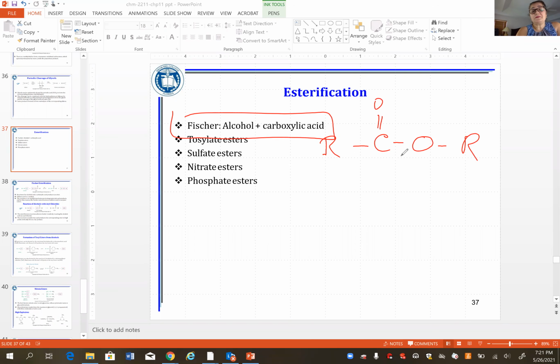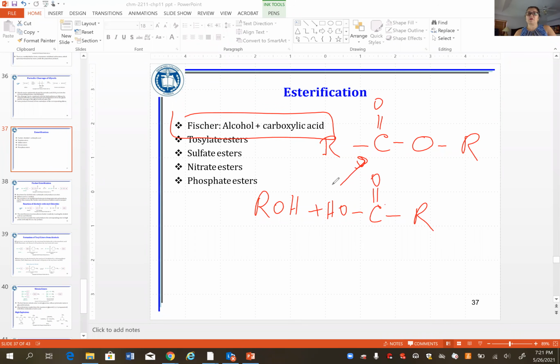The ester is coming from a condensation reaction, basically. You start with an alcohol and a carboxylic acid. I'm just going to put the carboxylic acid this way, COOH, and then the R group. You're combining these two to get to this compound. That's why it's called a condensation reaction.